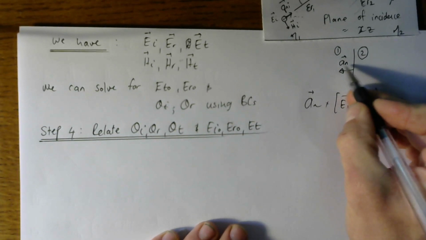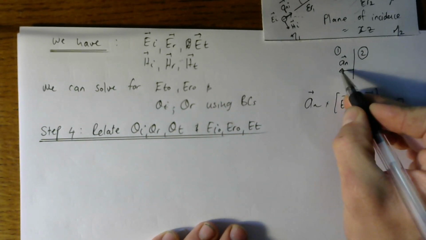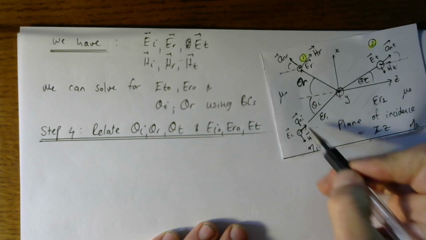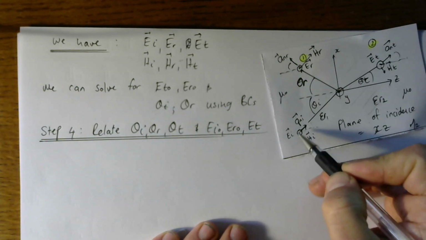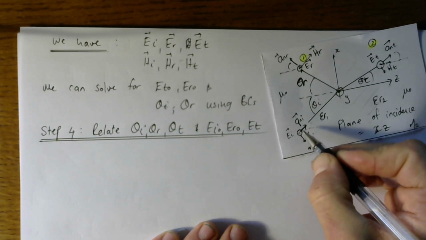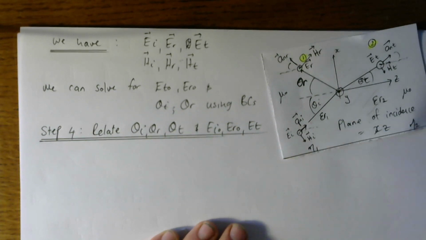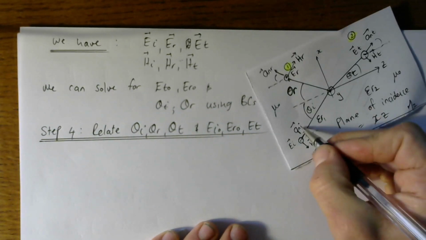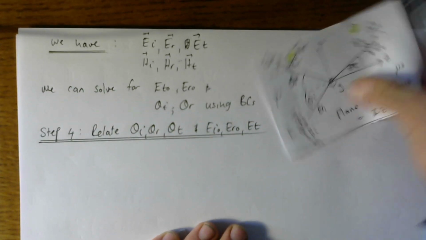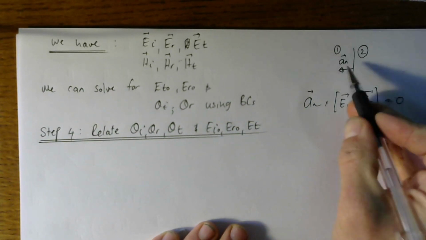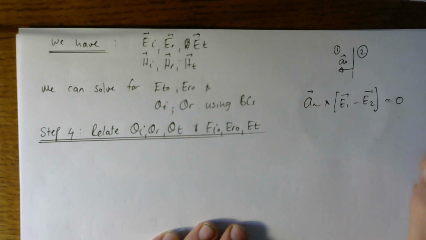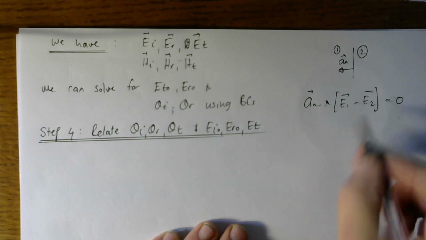Please do not confuse this vector, which is just the normal vector between medium 1 and medium 2, with these little vectors over here. Those vectors are associated with the TEM, the transverse electromagnetic wave, and show the propagation direction of this field: a_NI, a_NT, a_NR. And this one is just a normal vector pointing from region 1 to region 2. Nothing to do with those ones. Okay, so essentially we have this.